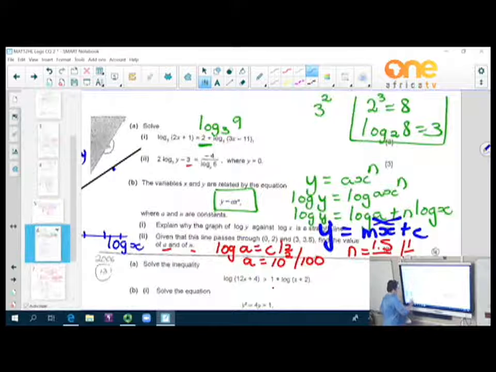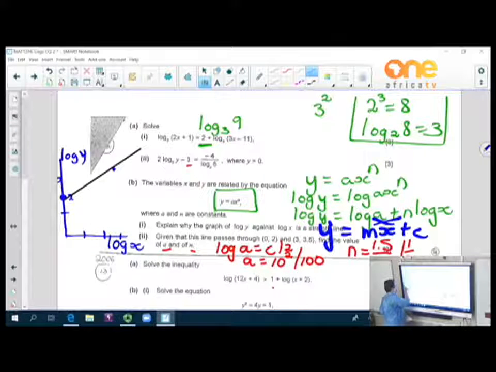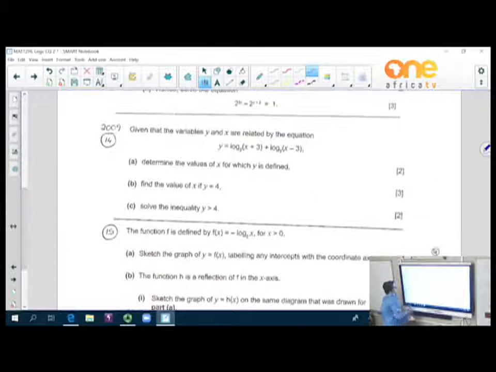Right, so now we're looking at question 14. Given that the variables y and x are related by the equation, determine the values for which y is defined. Now, the question is, when will it be defined?